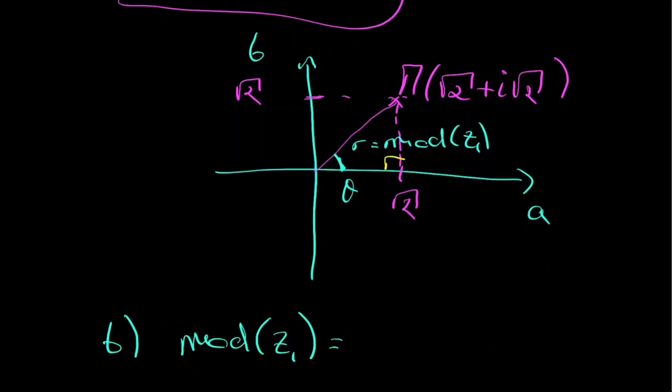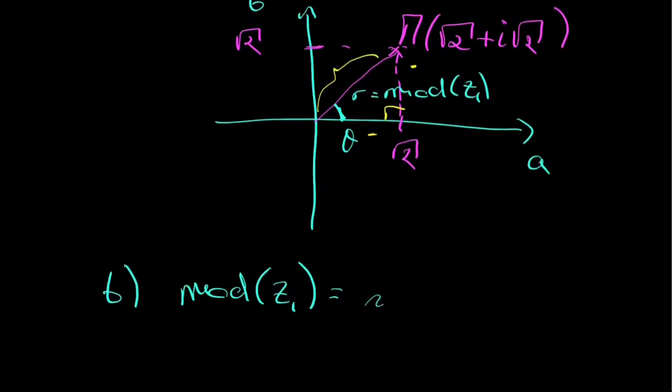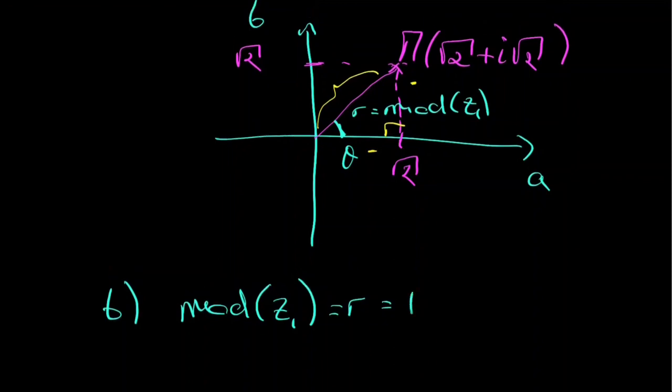So let's use this side and this side because we want to find the hypotenuse. So mod of z, let's name it r, is equal to square root of the real part of z squared plus the imaginary part of z squared.